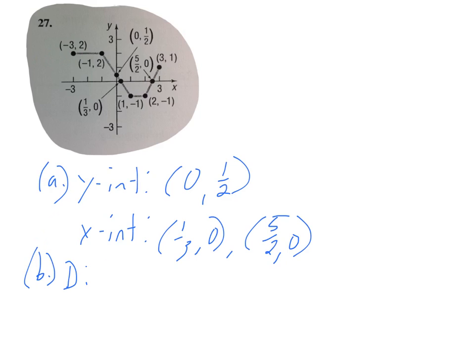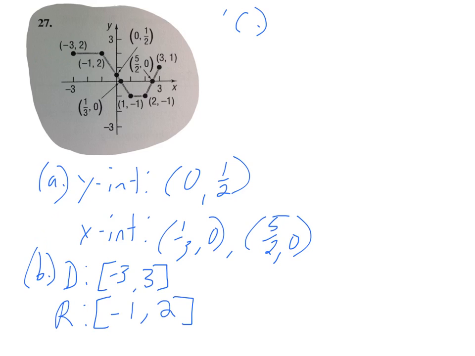Closed -3 to closed 3. Yep, so -3 to 3 is the domain. What's my range going to be? All the values of y that we reach. Closed -1 to closed 2. Yep. So that's the domain and the range of the function.